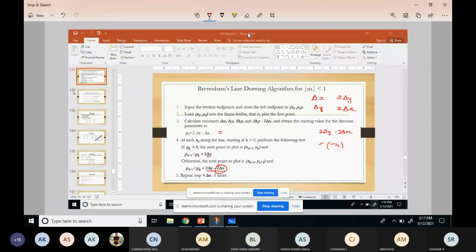So practice one, I think I'll give some example. You try to solve that. You take x1 as 15 comma 25, and this point. So the difference should be y by x now.